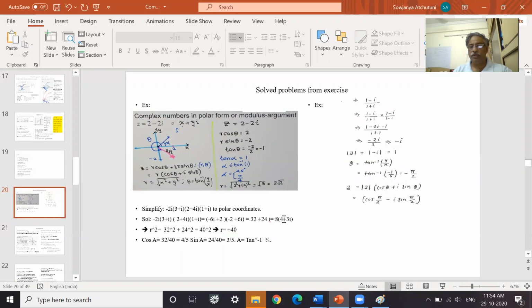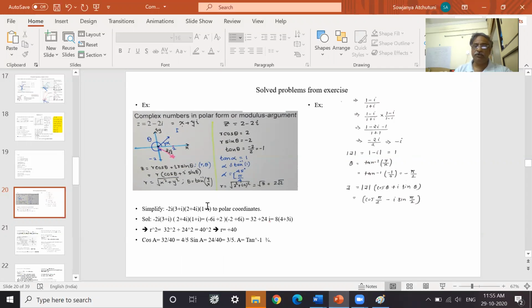Square root of 32 square plus 24 square gives R as 40. So what is the angle here? 32 by 40 is cos theta, 4 by 5. Sin theta is 24 by 40, 3 by 5. So theta is tan inverse 3 by 4, y by x, y is 24 by 32. Tan inverse 3 by 4 is my argument.